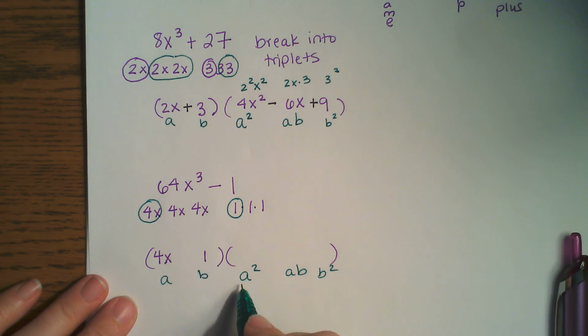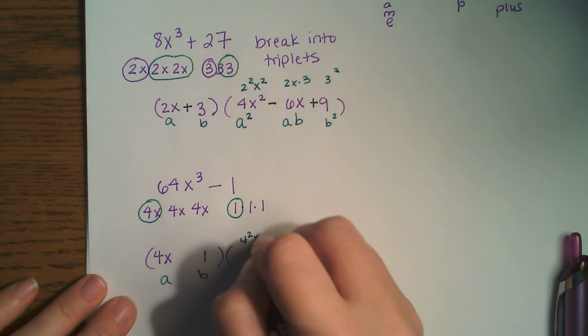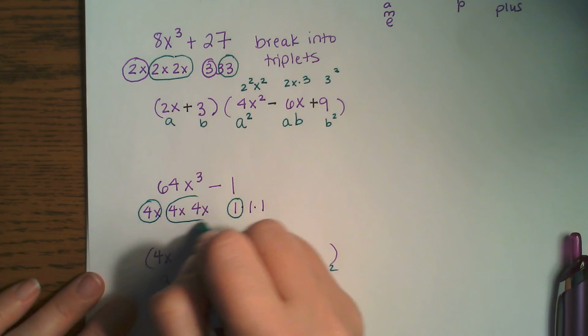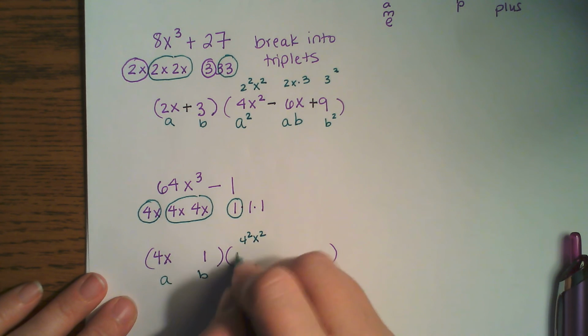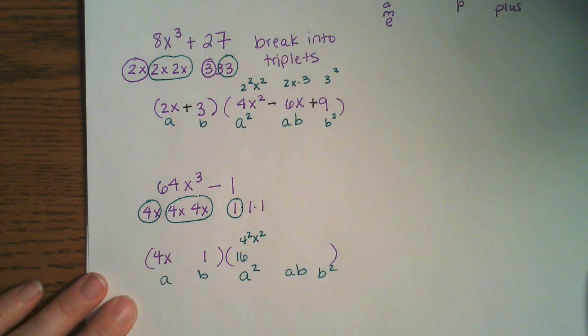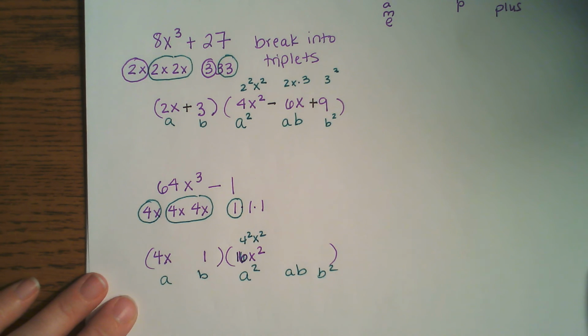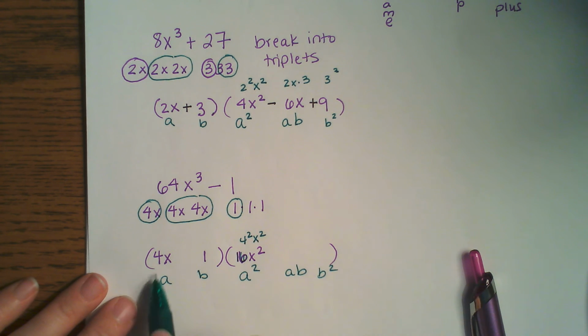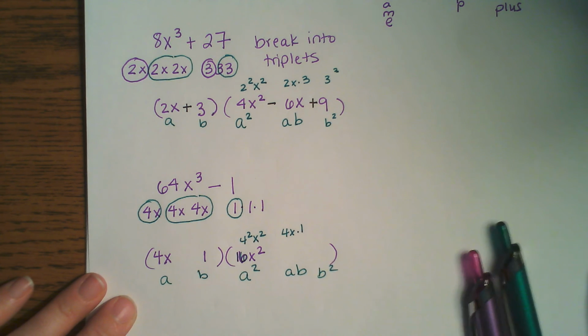So in this A squared part, I've got to take 4 squared and x squared. This is usually where people make a small mistake, because it's going to end up being 16. Oops. Okay. 16x squared. 4x times 1 is 4x.